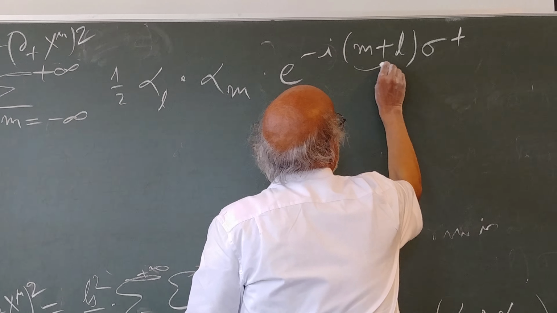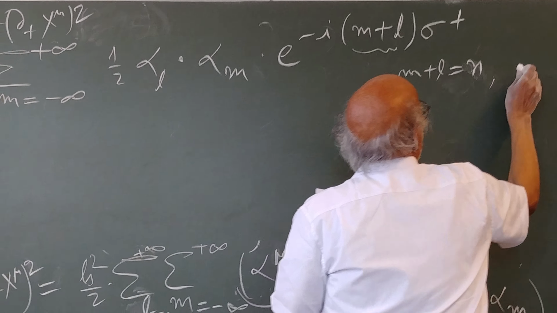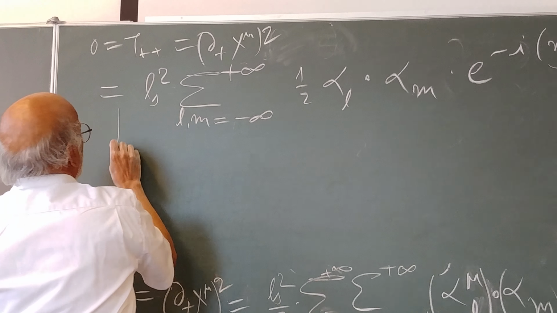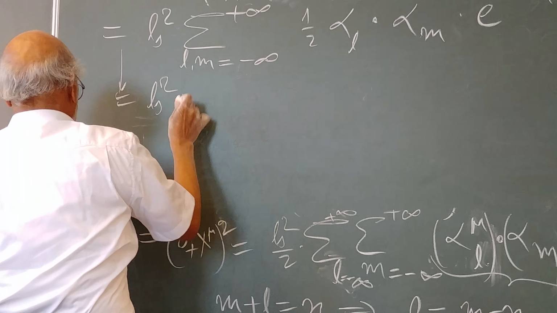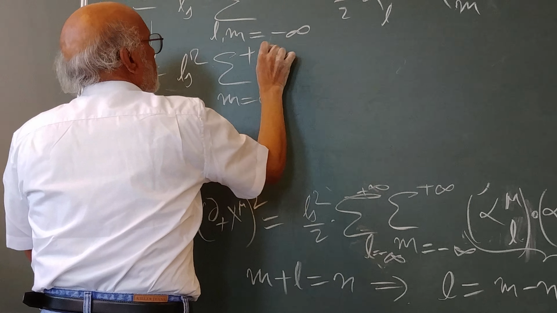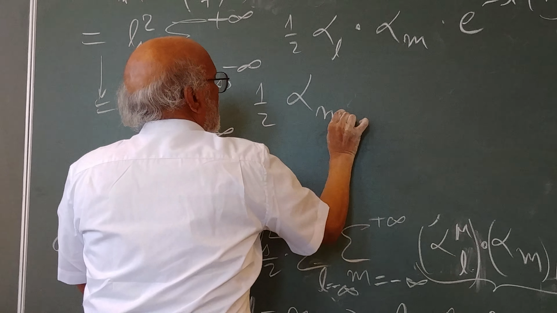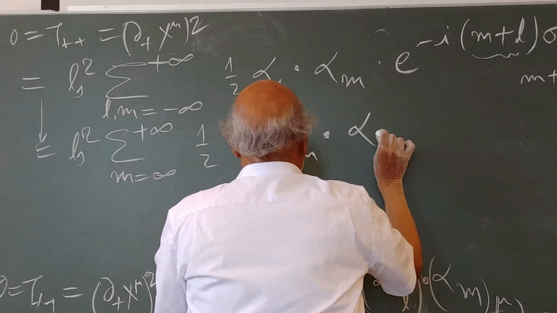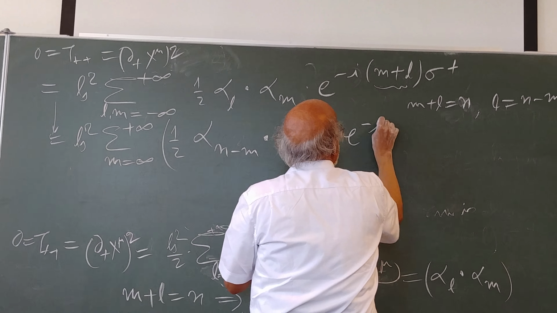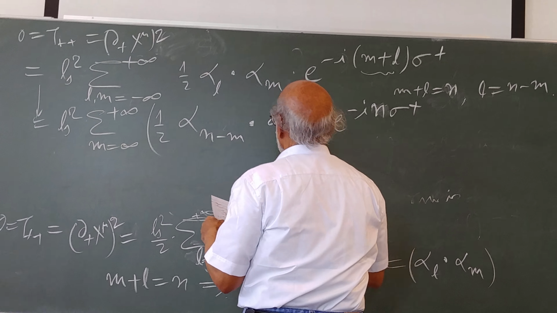And now putting M plus L equal to N, or L equal to N minus M, I could write this expression as ls square, M equal to minus infinity to plus infinity, 1/2 of alpha N minus M dot alpha M, and times e to the power minus i N sigma plus.